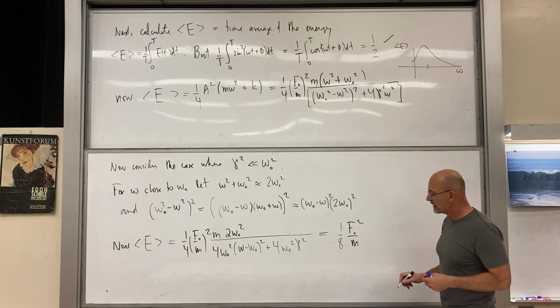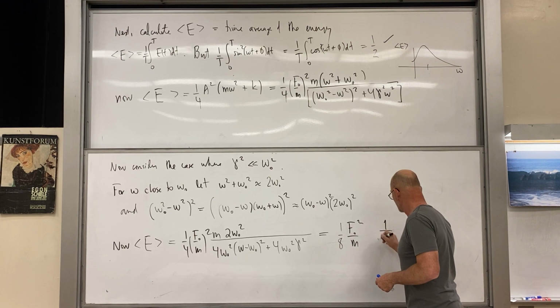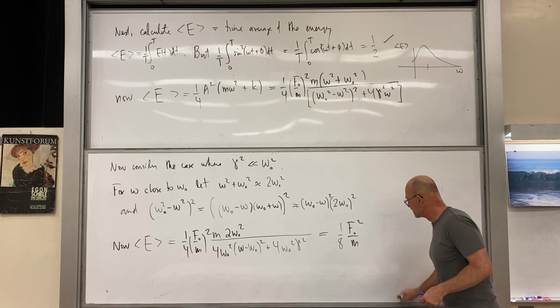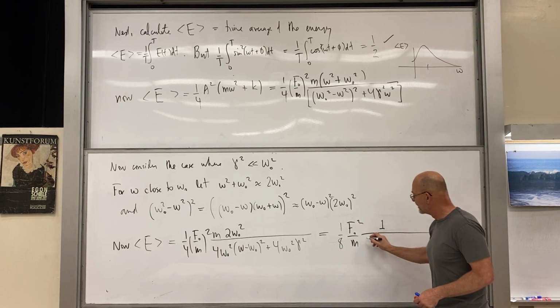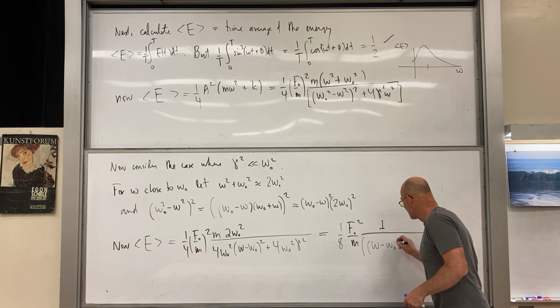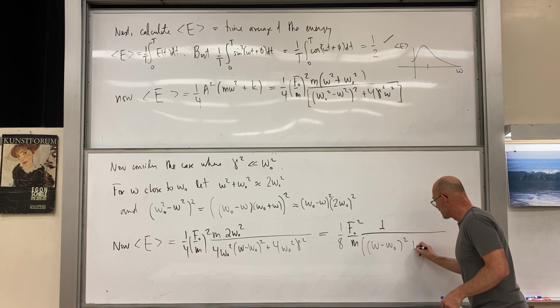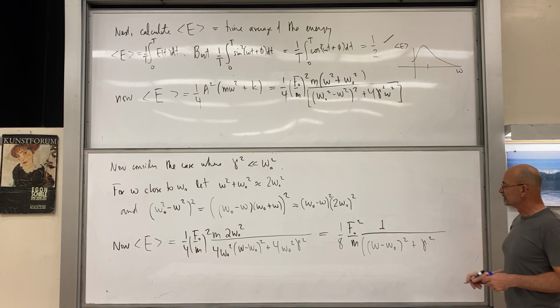And then we have 1 divided by omega minus omega naught squared plus gamma squared. Okay, so that's a significant simplification.